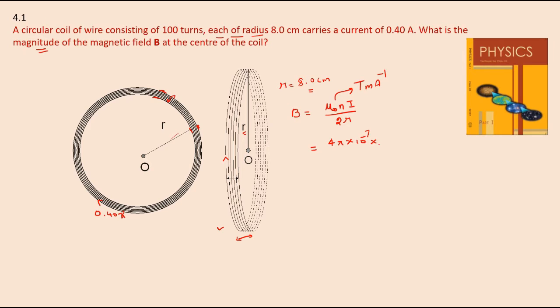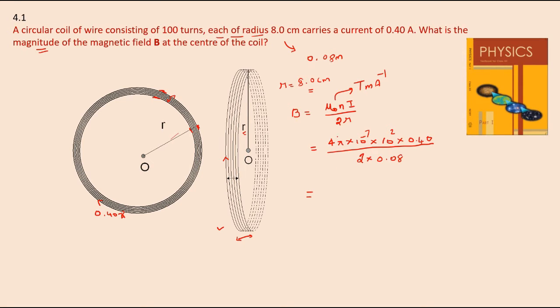Number of turns 100, write as 10 to the power of 2. Current is 0.40, divided by 2R. 2 into R is 0.08 meter. If given 8 centimeter, divide by 100, you get 0.08 meter.